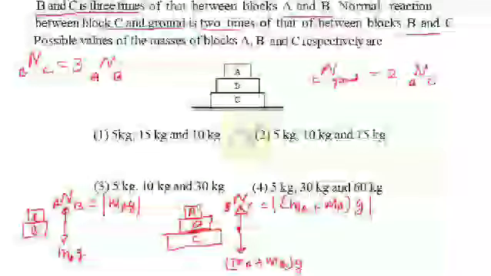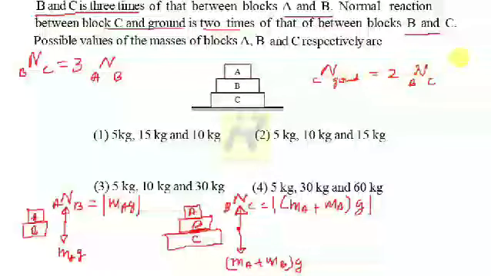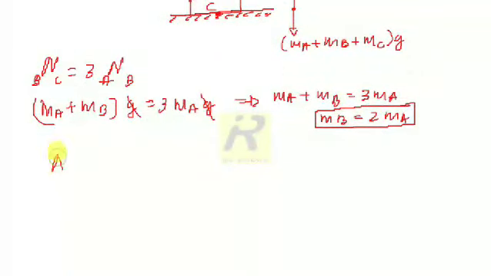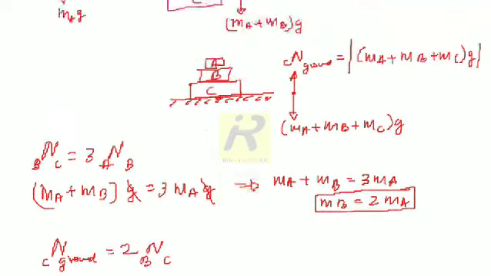The second one, NC ground is 2 times NBC, right? So what is NC ground?